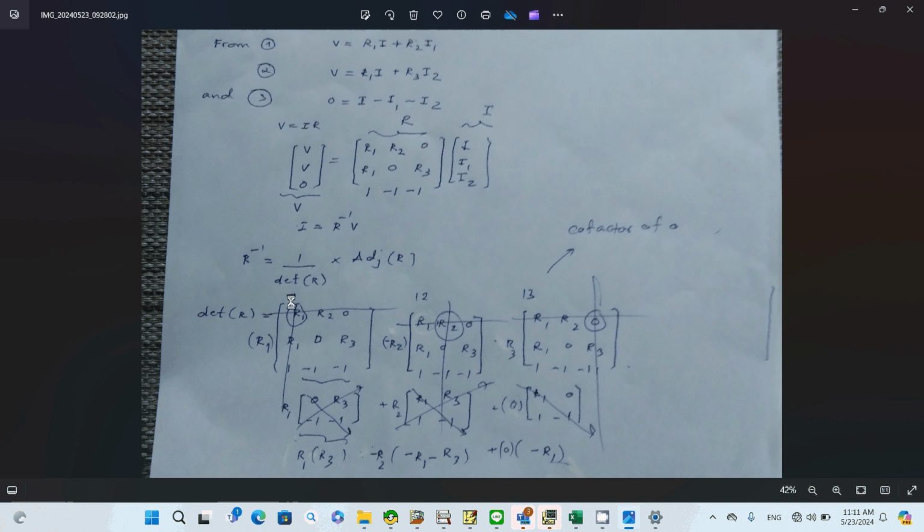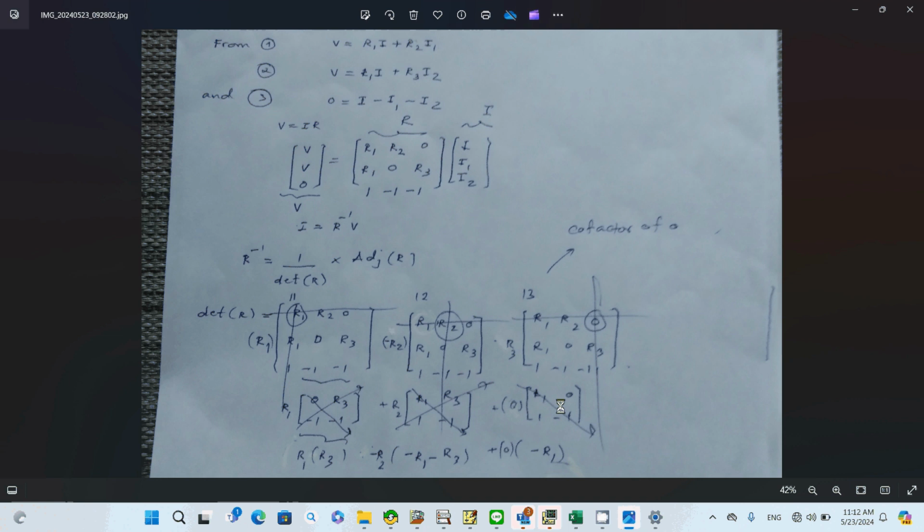I put this one as the elements 1,1, 1,2, 1,3. And this guy is going to be the cofactor of 0. So you simply ignore the parameters in the first row and the third column, so you end up with 1, 0, 1, and minus 1.